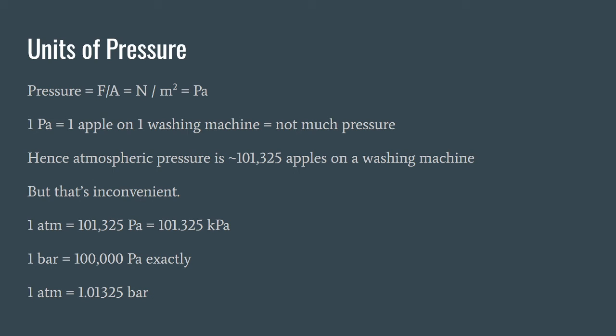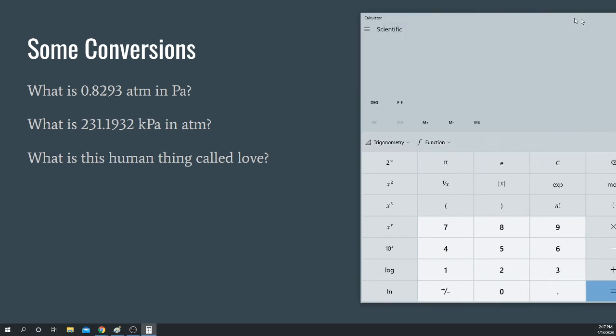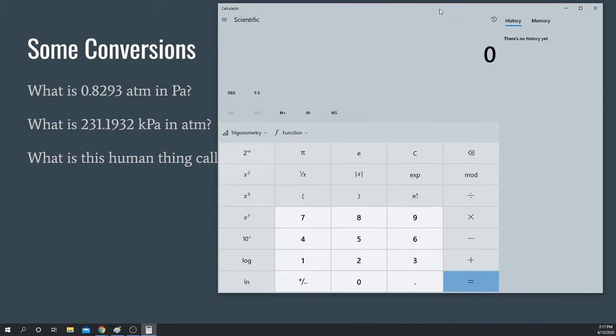You are going to have to be able to do conversions with this. Okay? Be able to convert between atmospheres and pascals. So what is 0.8293 atmospheres in pascals? Let's go ahead and do some conversions. Let me get my calculator up. All right. 0.8293 atmospheres in pascals.